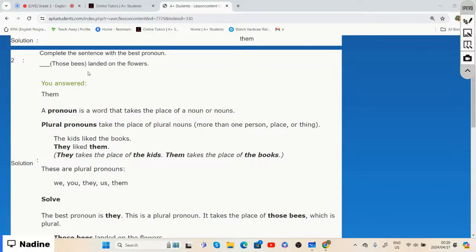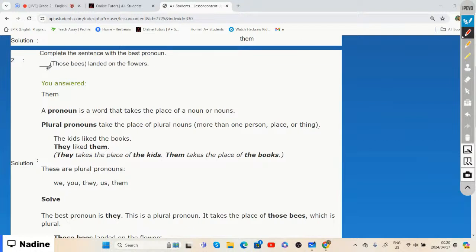All right. So remember we said a pronoun is a word that takes the place of a noun or nouns, right? Yes. So them with the bees. Well done. Them is correct, because them refers to those, right?